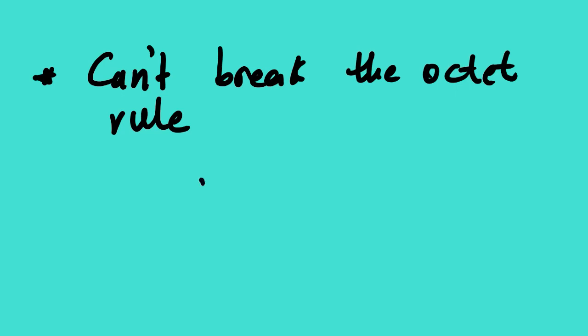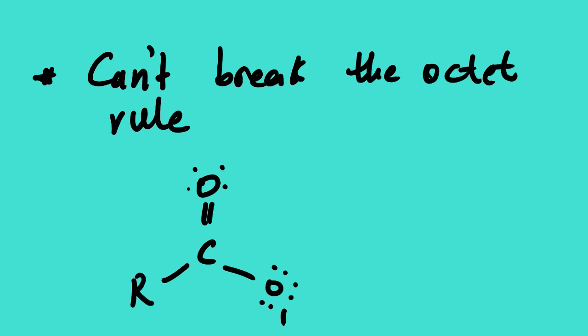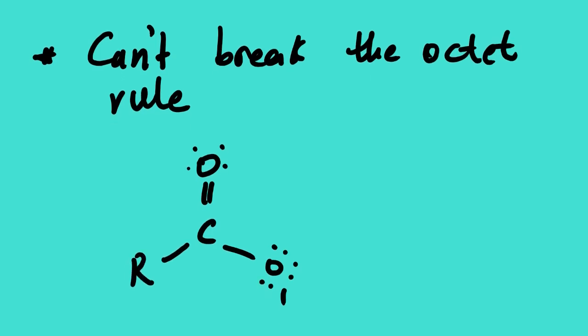Like for example, we are still going to use the previous structure. If we actually shift this pair of lone pair this direction, we are going to have something like this.